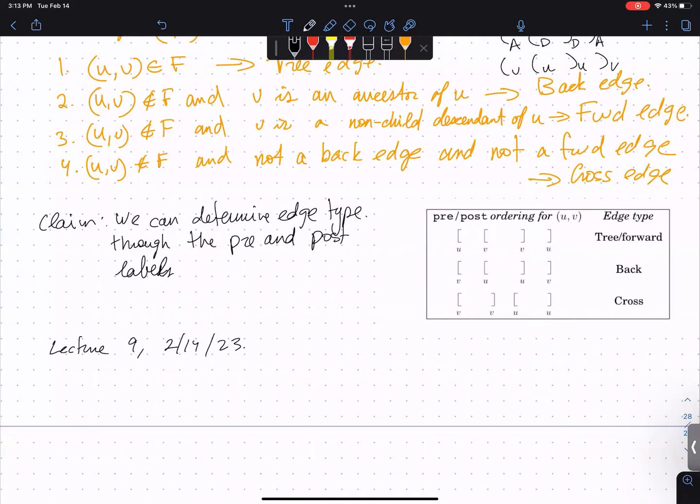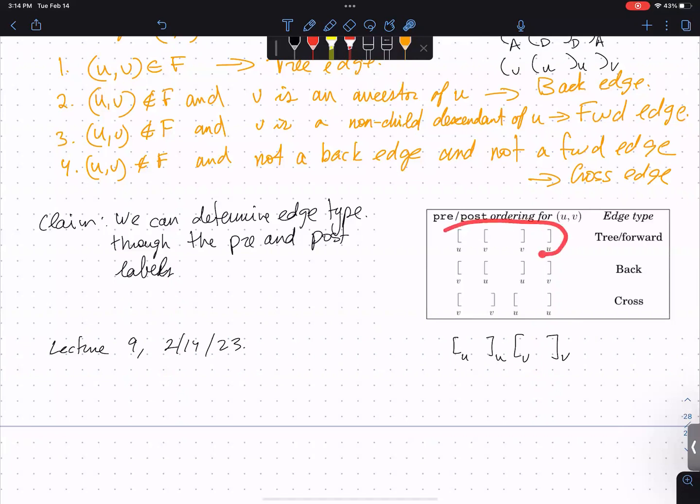Now at this point, I want to add a new point that I didn't mention last time. You might be curious, what about this? What if U's interval is completely before V's interval? This is the 4th case that's not listed in here.